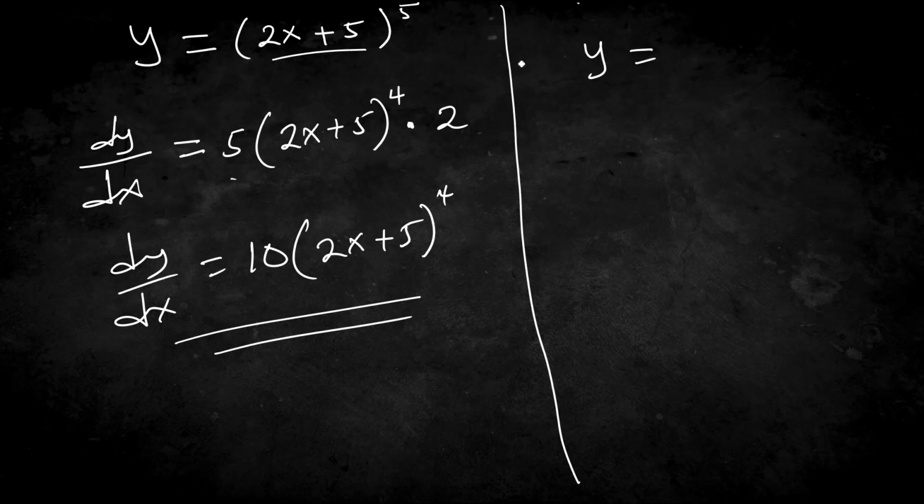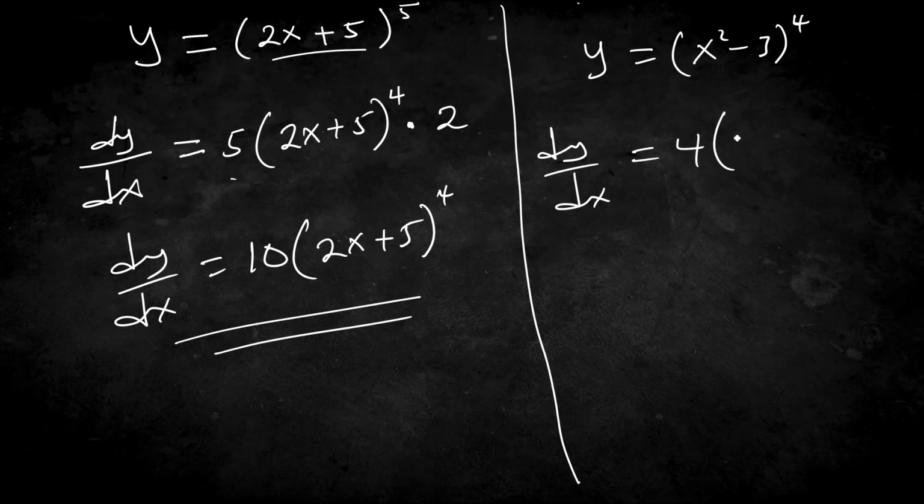Go ahead and y equals (x squared minus 3) to the power 4. So same thing, dy/dx. So we have 4 times (x squared minus 3) cubed, multiplied by the derivative of what is in the bracket.